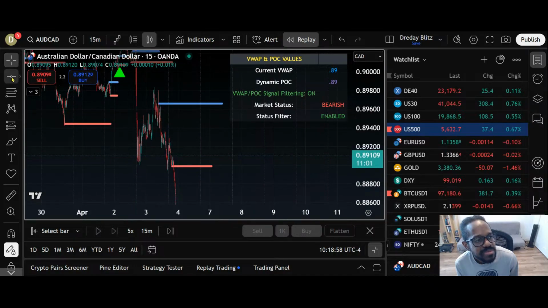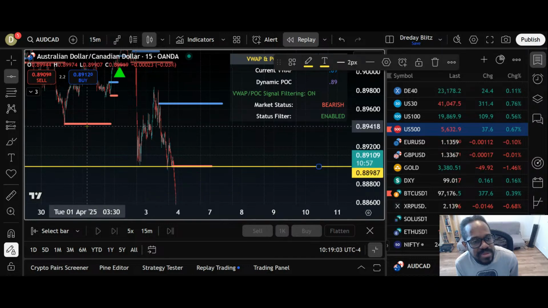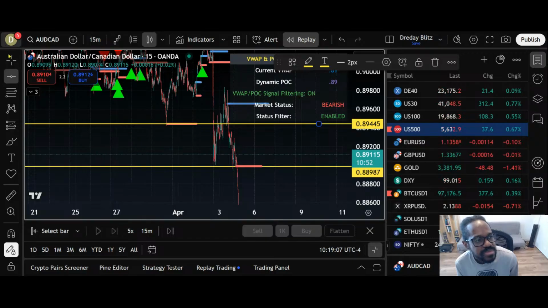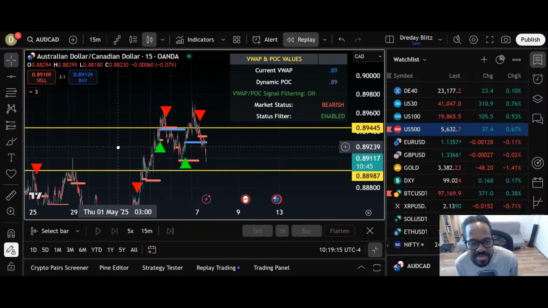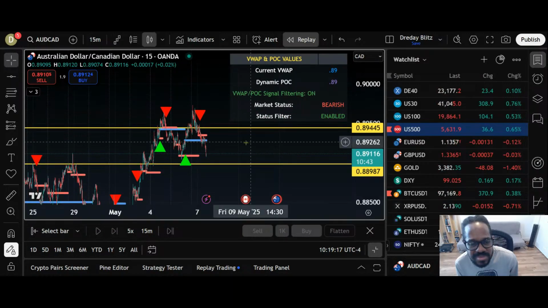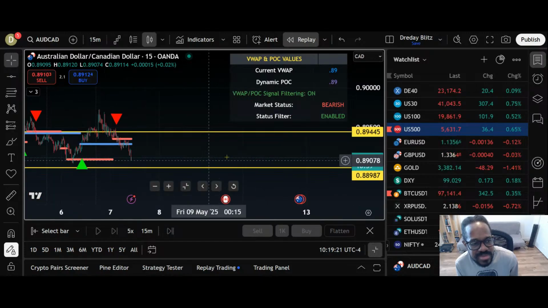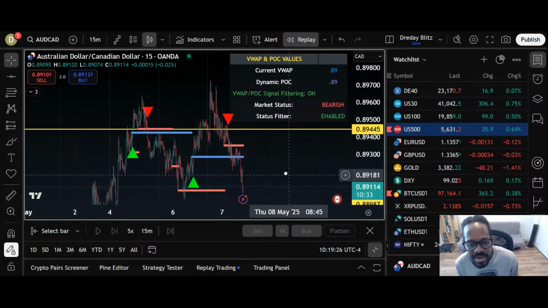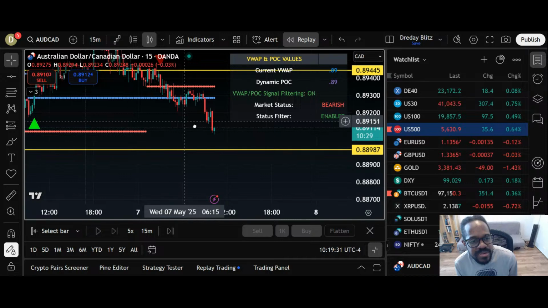Even though it's for that level, I'm just gonna plot it. Now it's testing this level here.